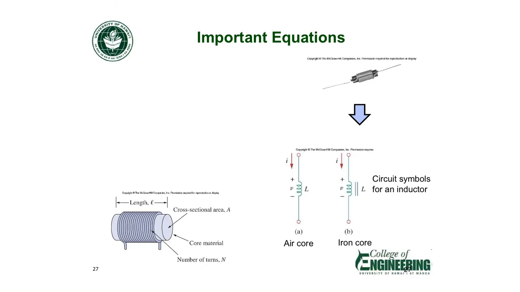Which would be the length of that wire coil, the area circled by that coil, the number of turns in the coil, and the material in the cross section. And all of those parameters will give you a value of that inductor. But we'll talk about that in the next class.